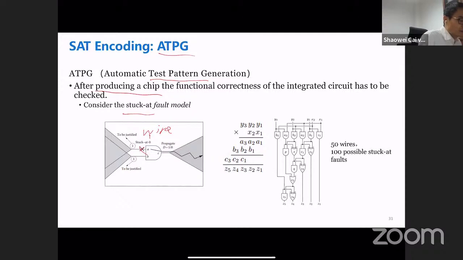This is a small example: a circuit multiplying 3 bits by 2 bits has 50 wires here, so in total we have 100 possible stuck-at faults, because each line can be stuck at 1 or stuck at 0. Now we need to cover all 100 possible stuck-at faults.